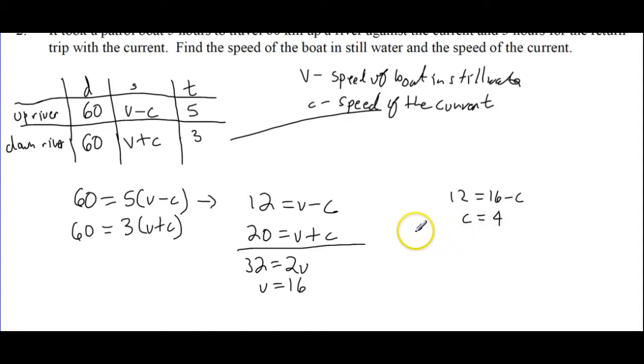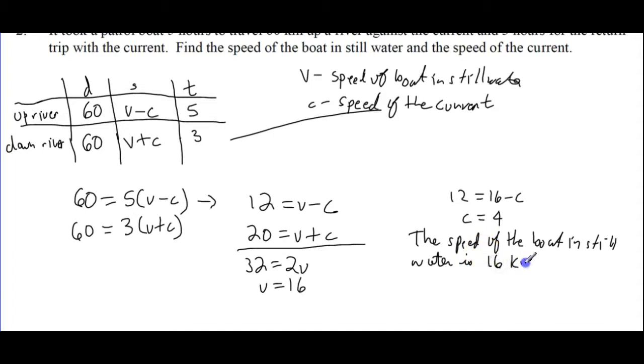So the speed of the boat in still water is 16 kilometers per hour, and the speed of the current is 4 kilometers per hour.